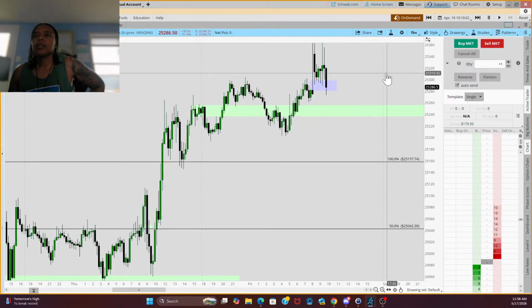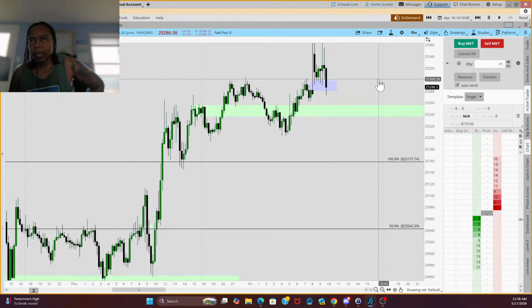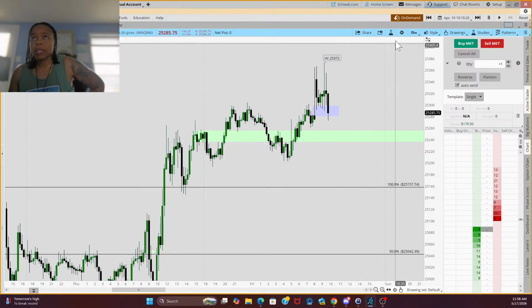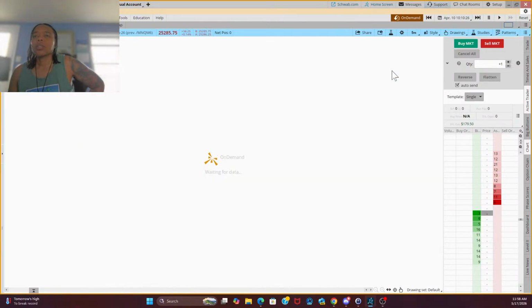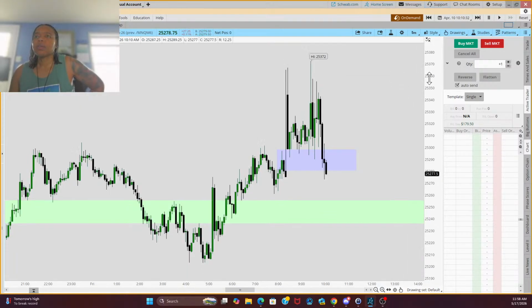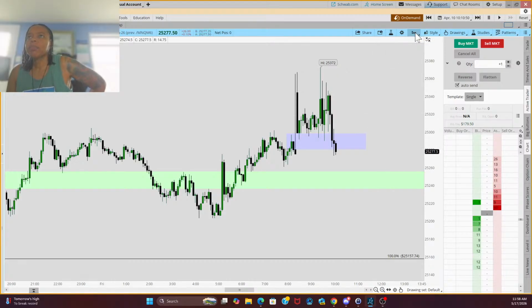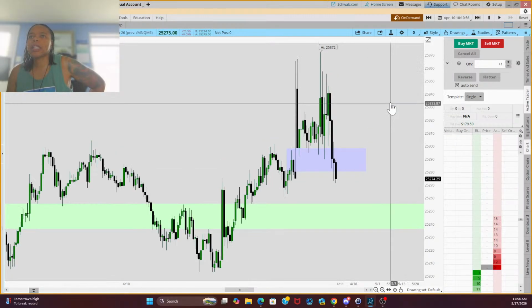15. Closing in the volume imbalance. Still 5 minutes in this 15-minute candle. So that looks primed to continue down a bit more. Also, the simple fact that, let's go back to the daily real quick.